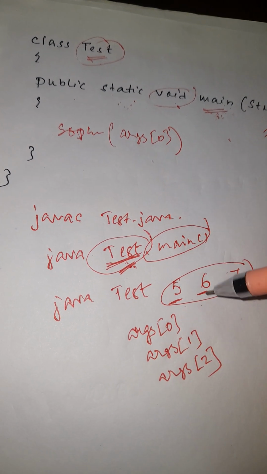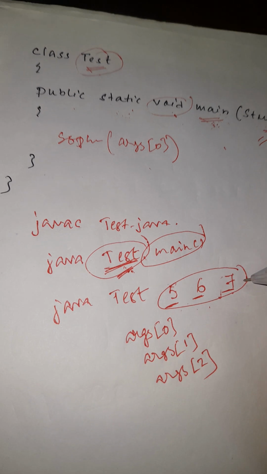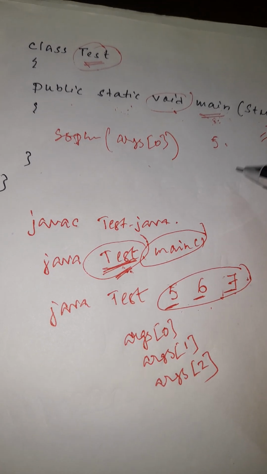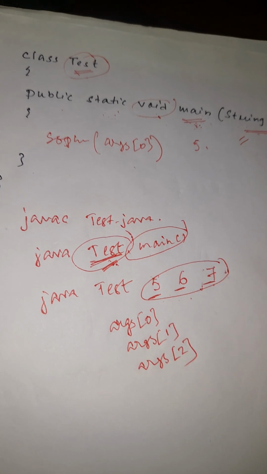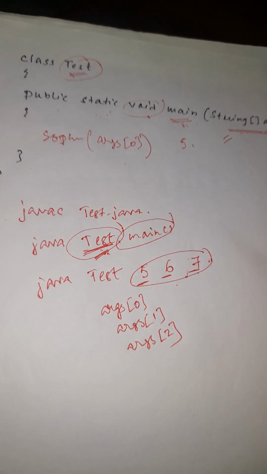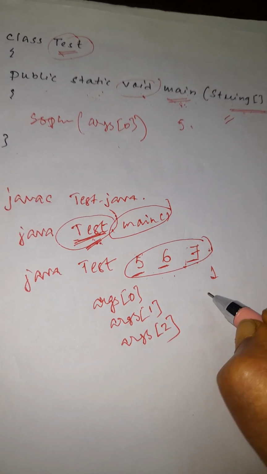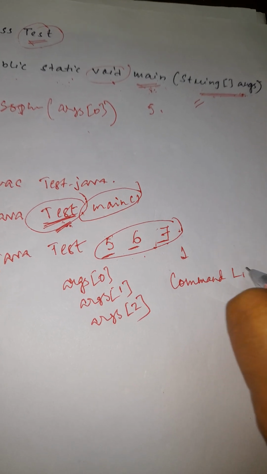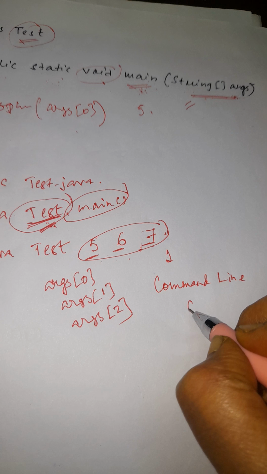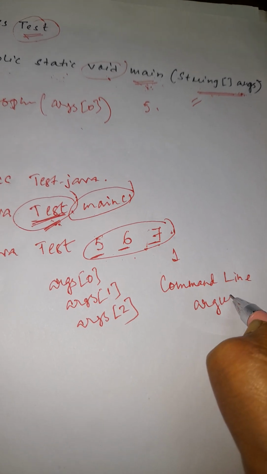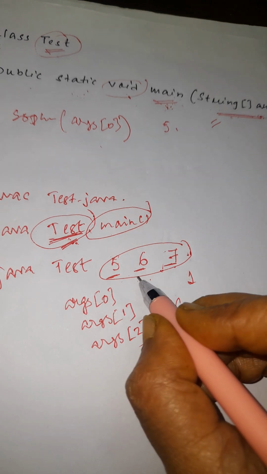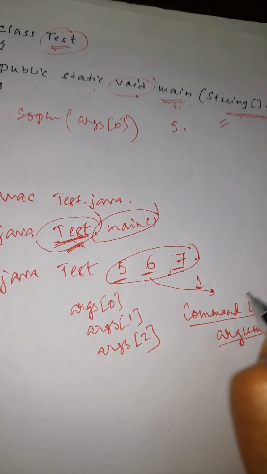If you print args[1] and args[2], it will print 5, 6 and 7. With the help of a for loop you can also print this. So this part is known as the command line argument. We already covered command line argument. Clear? Through the command line we are passing the argument, so that's why it's known as the command line argument.